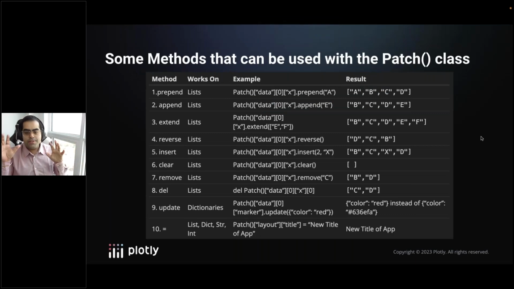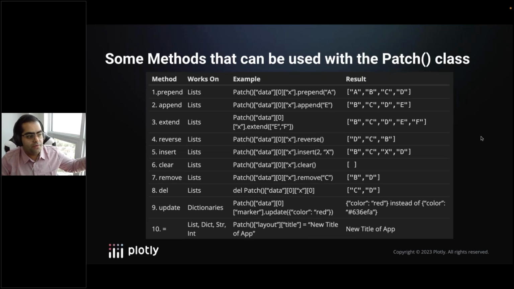So, just some things to keep in mind. When you're using patch, you can only use it with type lists and type dictionaries. When we're talking about the patch function, there are certain methods that we're going to be focusing on. The first method is prepend.